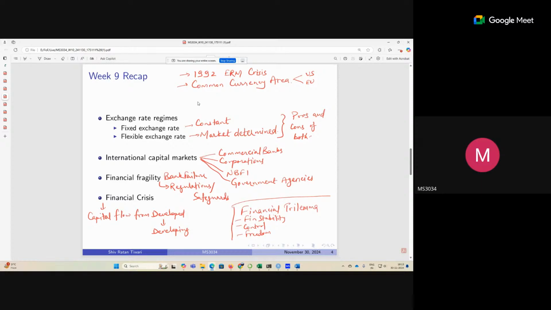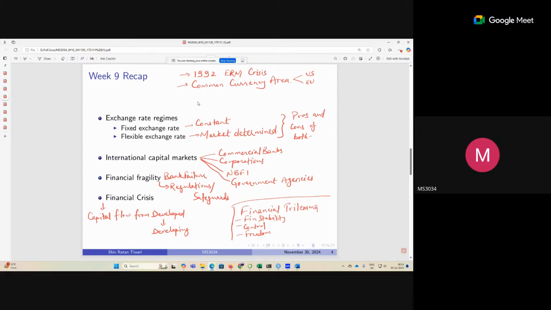For that, we discussed the 1992 exchange rate mechanism crisis in the euro area, in which the UK adopted the euro. They adopted the same currency, and there was high inflation in the UK, which led to this ERM crisis.